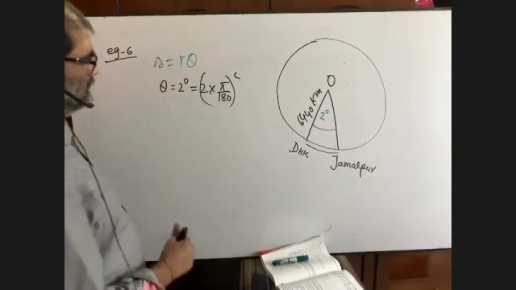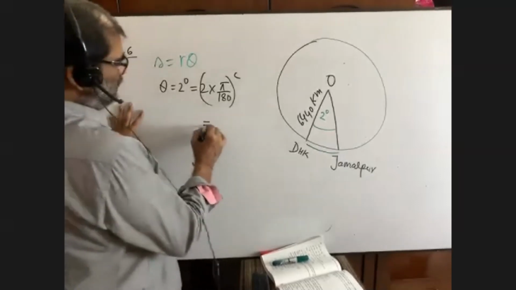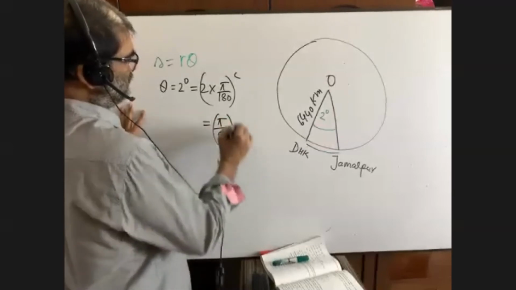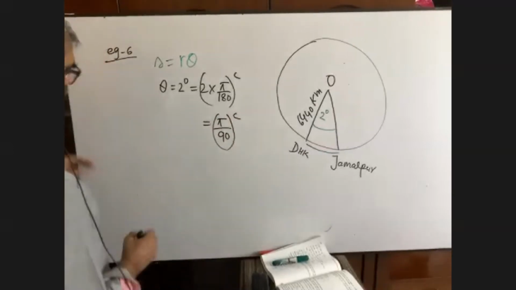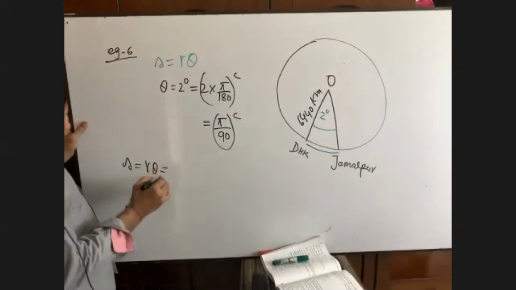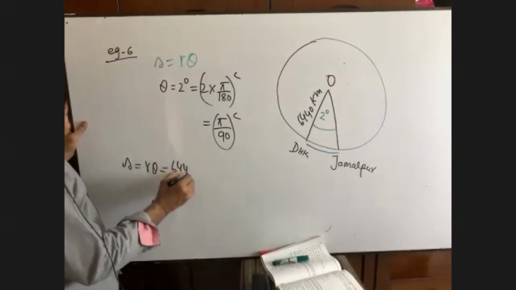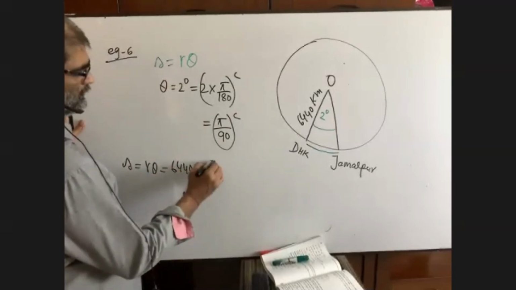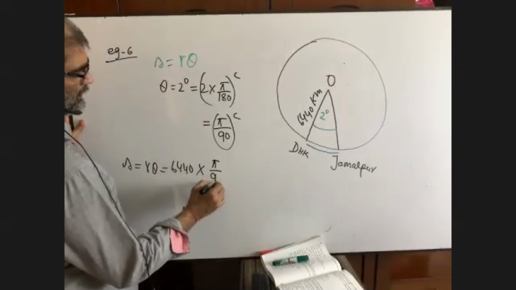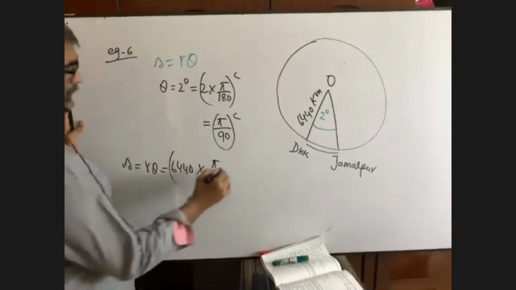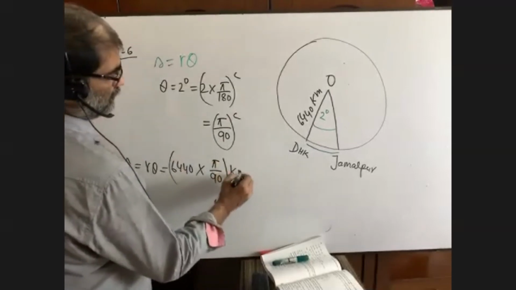Everybody, it is what? Pi by 90 radian. Now we know S equals R theta. R equals 6440 kilometer into theta, which is pi by 90. Can you use the calculator, all of you?